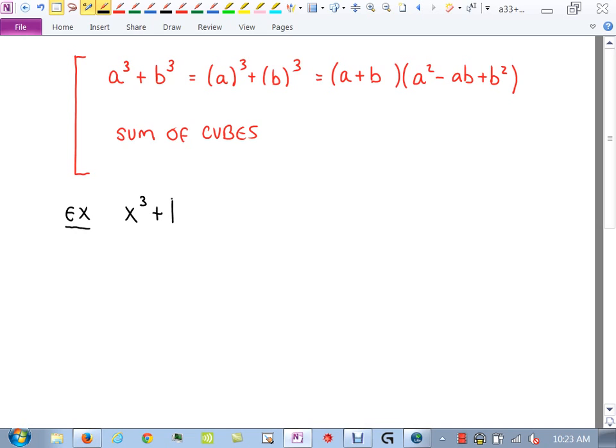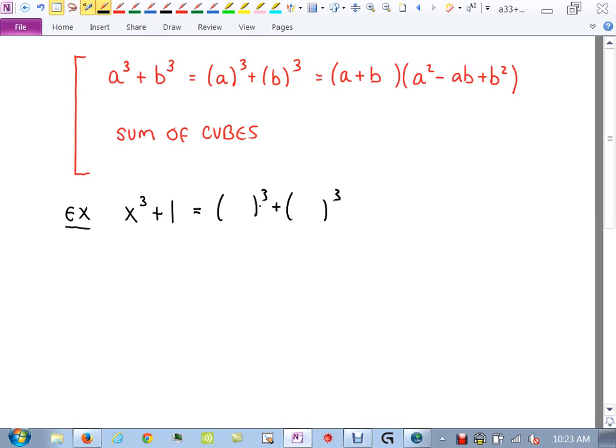Difference of squares, sum of squares, which is prime, and now sum of cubes. Which does this look like? Sum of cubes, because there's a cube there, right? Now, the question is, can you rewrite 1 as something cubed? Well, 1 is 1 cubed, isn't it? 1 times 1 times 1 is still 1. So I'm going to try and force this to look like something cubed plus something cubed.